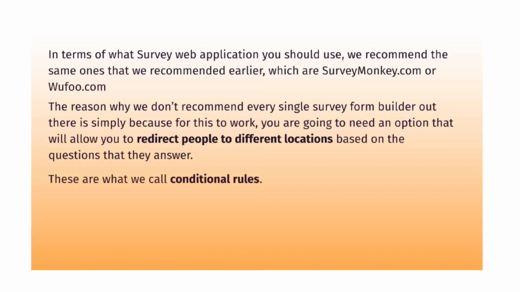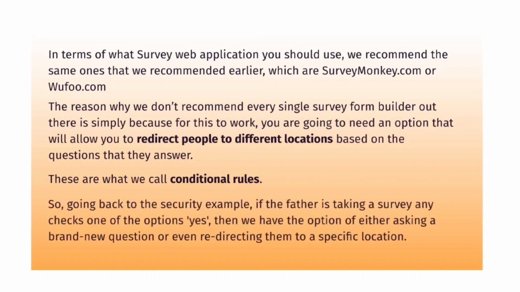Now, what these are called are conditional rules. If a person says, yes, I'm an elderly couple, then send them here. If they say that they are a father of a family, send them here. If then. So you need the conditional rules, and the form builder needs to be complex enough to offer those as options.